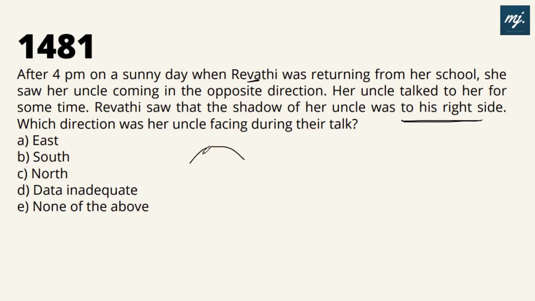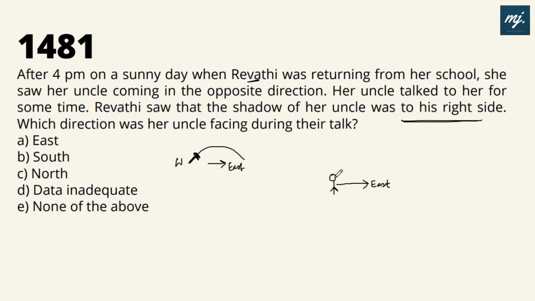We know that at 4 o'clock, sun is towards to set down in west. And at 4 o'clock, shadow would be towards east. So, if a person is standing here, shadow at 4 o'clock should be towards his east.